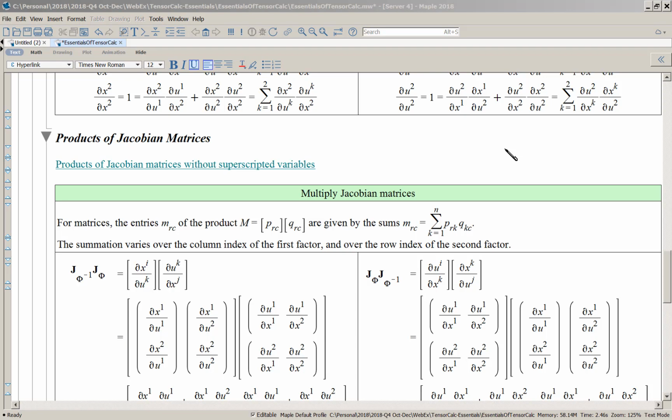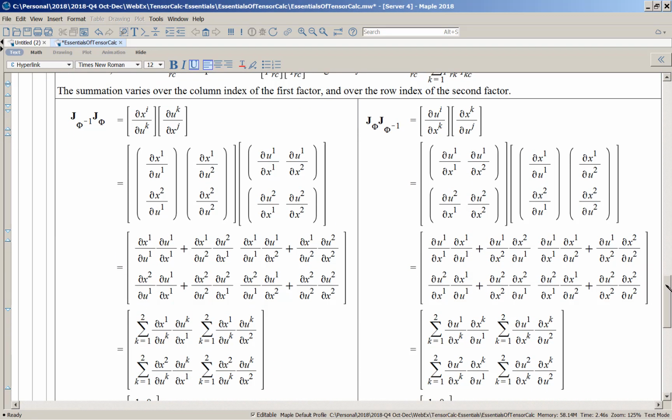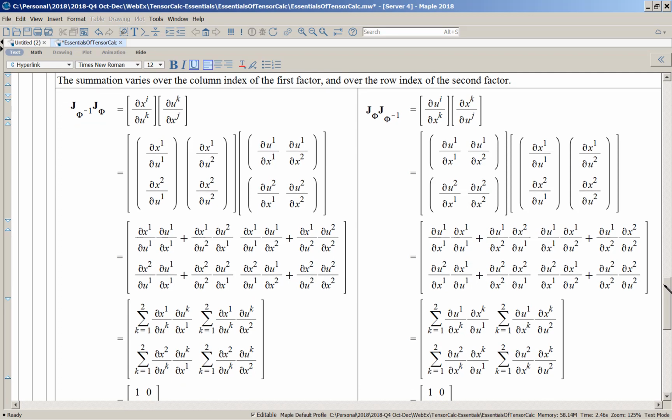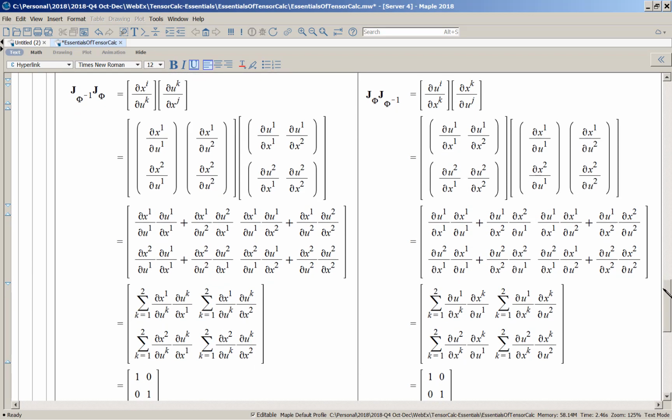Now, what you will see in the typical textbook will be something that looks more like this. Product of the Jacobi matrices, and superscripts will be used on the variable names, but we have just gone through it in terms of x and y. We understand what this stuff means.